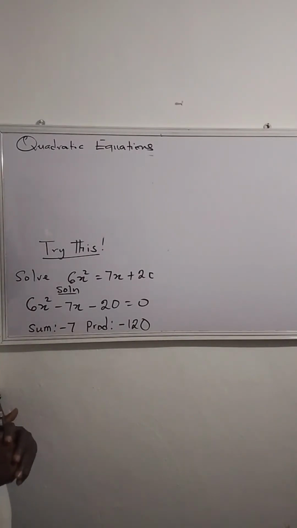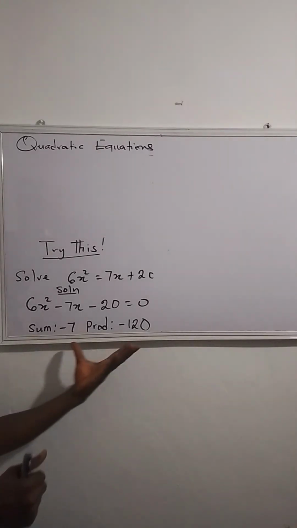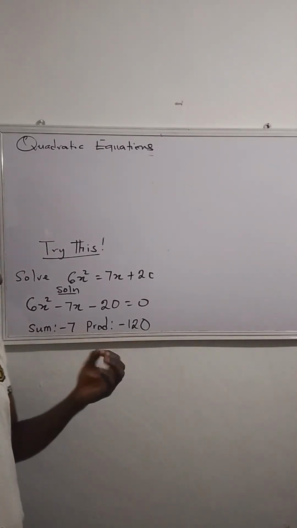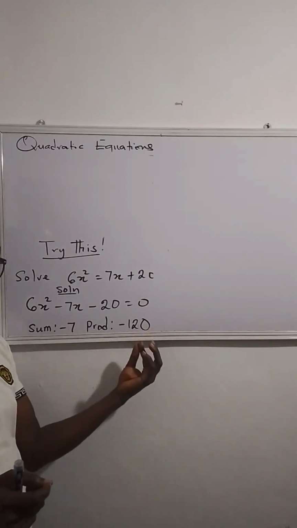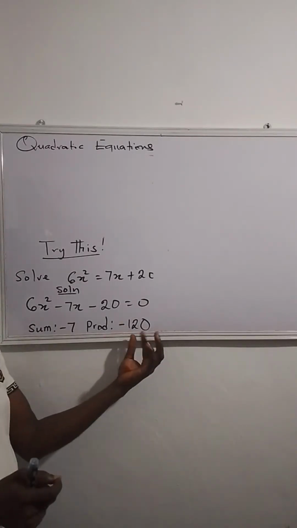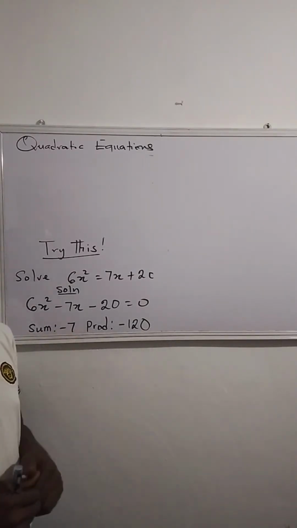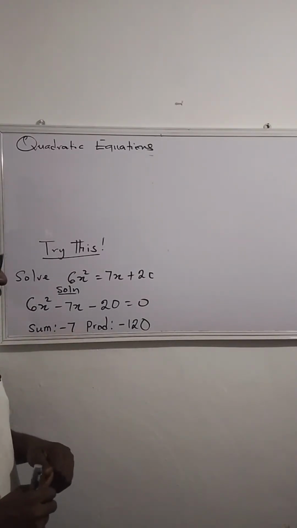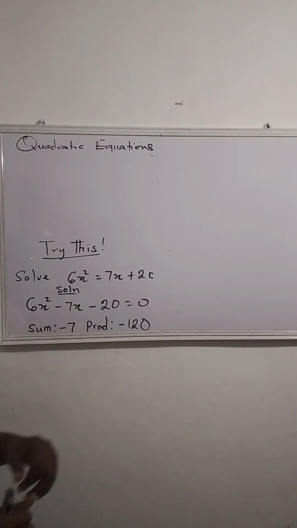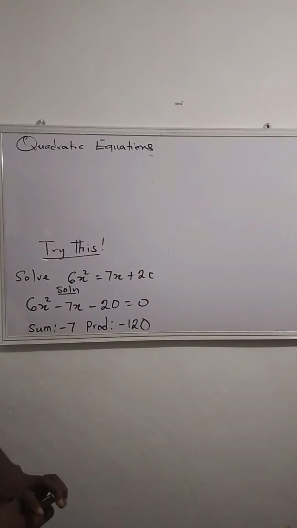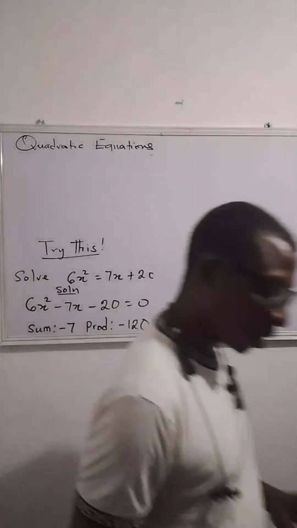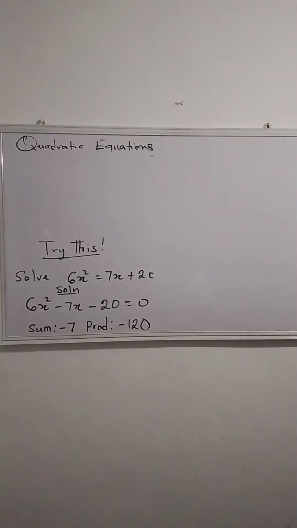Okay. So now, can you tell me what are the two values such that when you multiply together, you have minus 120, and when you add together, you have minus 7. Okay. Now, can you tell me? For those of you that were able to drop your answer, by now you should know the two numbers.